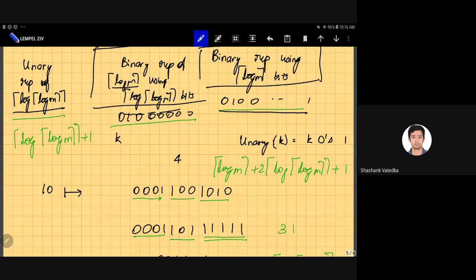When is this encoding scheme inefficient, or is it always efficient? Yes?